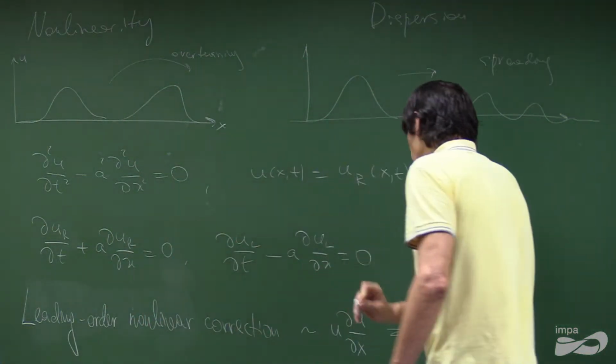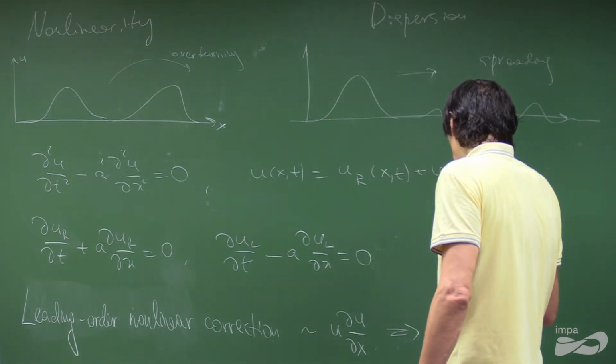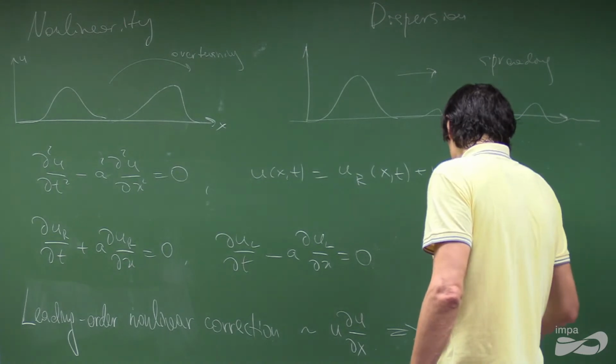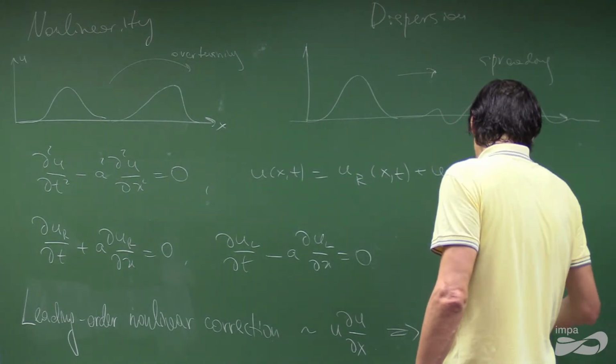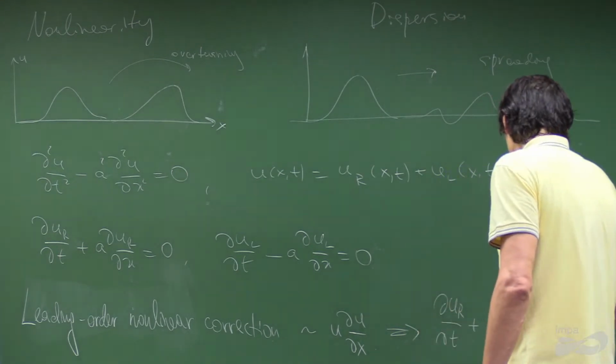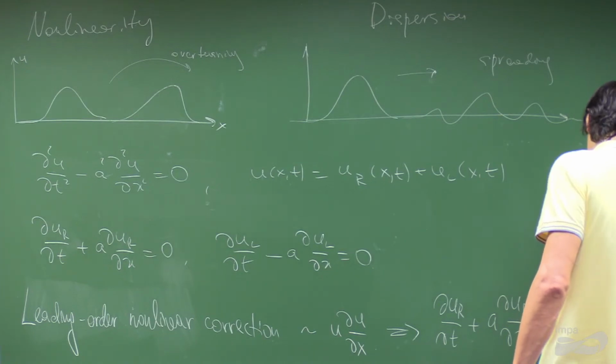So this is the correction. The corrected equation will be, this is for r, right? du/dt plus, for right-going wave, du/dx, and then we add epsilon u du/dx equals 0.